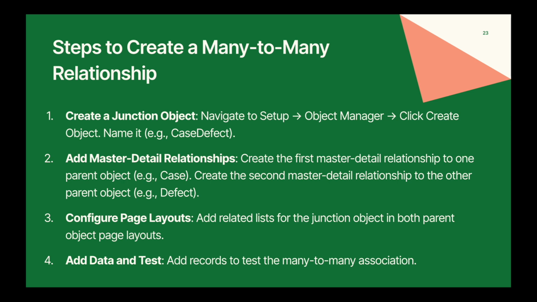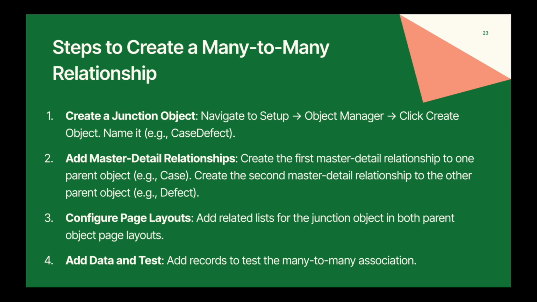Then we go to the left tab, Fields and Relationships, click New, and select the radio button for master-detail relationship. Then we move forward and select the parent as case. Then we save it and follow the same procedure for another master-detail relationship, but consider the parent as defect.